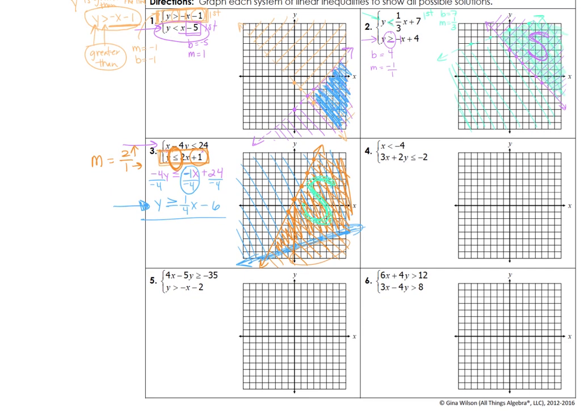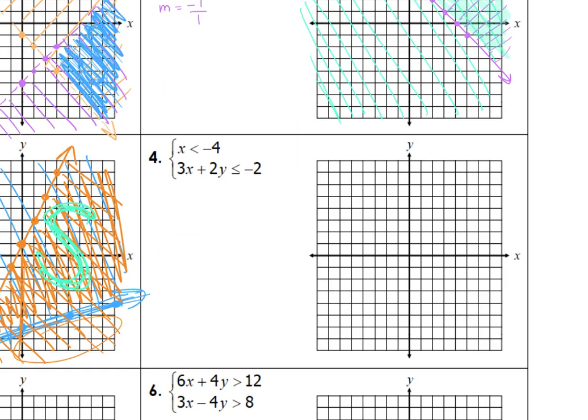Okay, I'm gonna do part of 2 more. We're not gonna do the whole problem, but I just wanna make sure that you guys are clear on this. How do you graph x is less than -4?